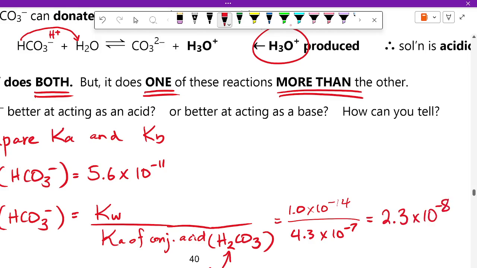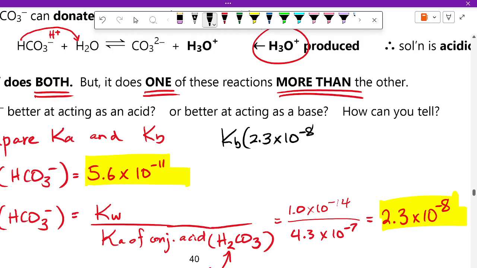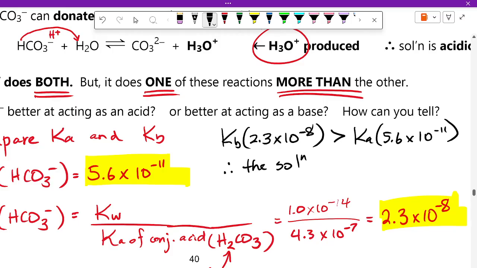And so we look at those two values and we say, which one is bigger? Kb, 2.3 times 10 to the negative 8 is bigger than Ka, 5.6 times 10 to the negative 11, and therefore the solution is basic.